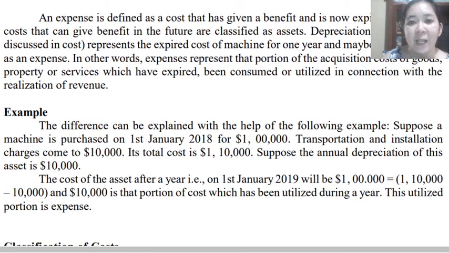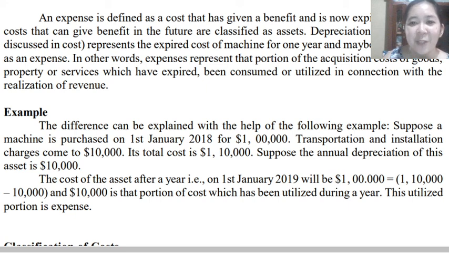So we have here an example. Suppose a machine is purchased on January 1, 2018 for 1 million. Transportation and installation charges are 110,000, and therefore its total cost is 1,110,000.